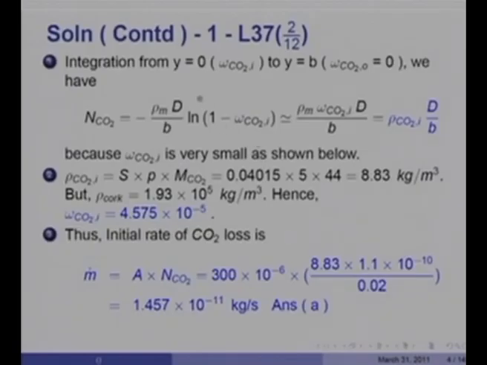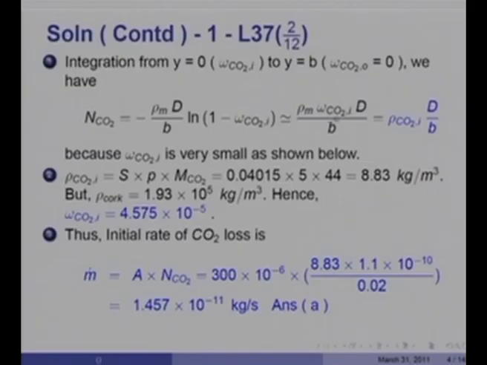If we integrate this equation from y equal to 0, where omega CO2 is omega CO2 I, to y equal to b, where omega CO2 is omega CO2 O, which is 0, then we have N CO2 equal to minus rho m D divided by b, ln 1 minus omega CO2 I, and we will shortly discover that omega CO2 I is in fact very small, and therefore ln 1 minus omega CO2 I can be taken as minus omega CO2 I, approximately equal to rho m D omega CO2 I by b.